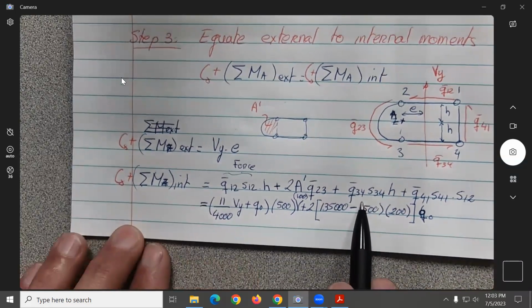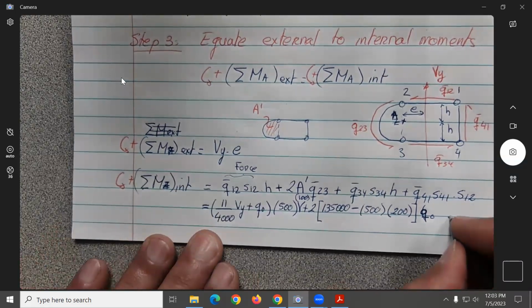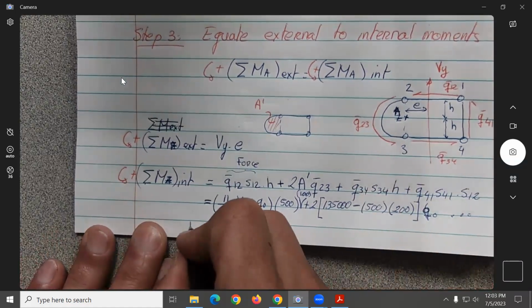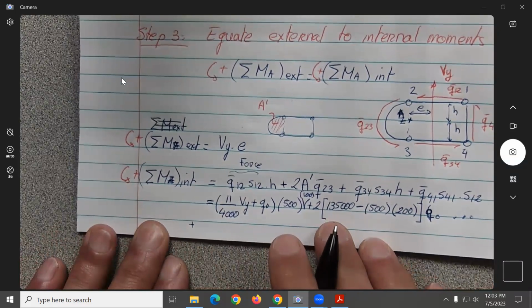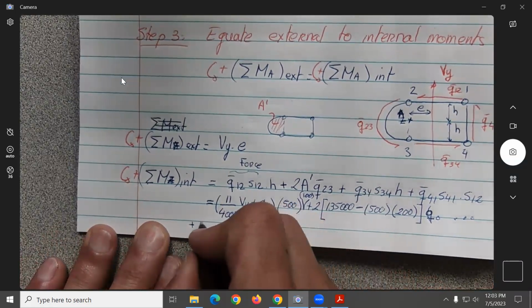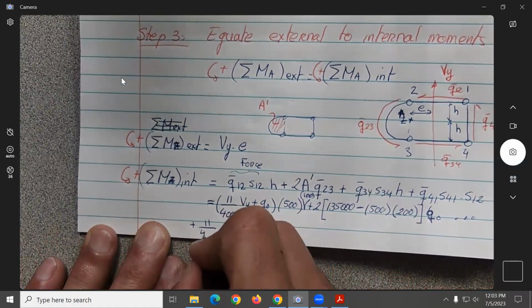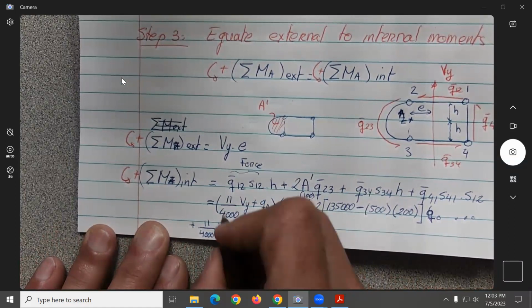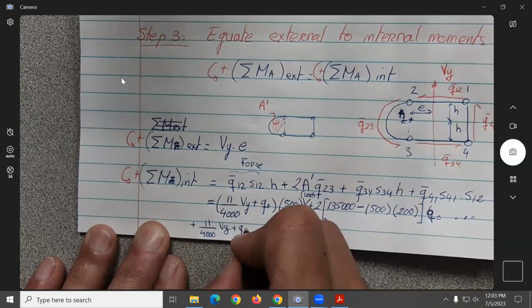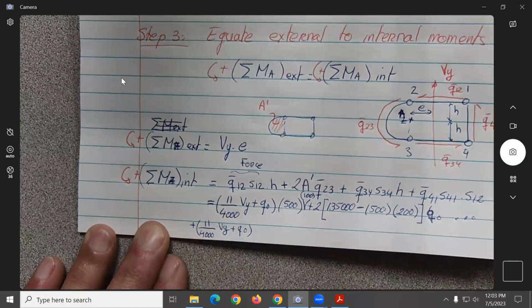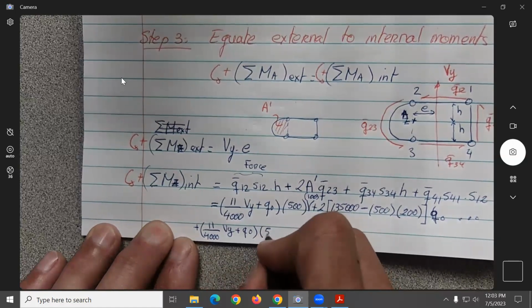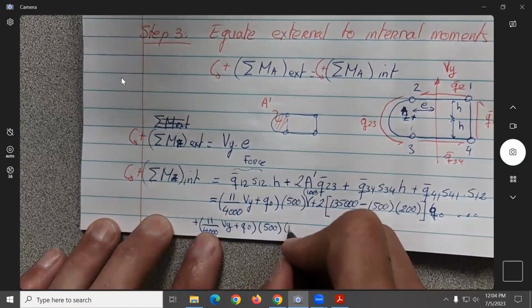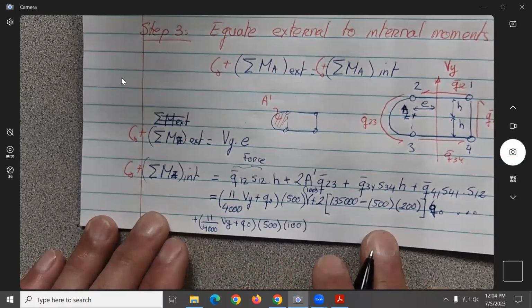Now we do Q34. So let me go to the next line. Plus Q34 we say was equal to, again, 11 over 4,000 dy plus Q sub naught times 500 times 100, no?